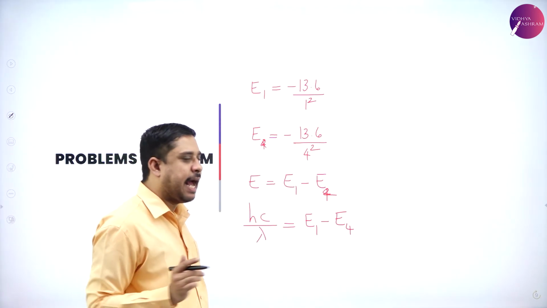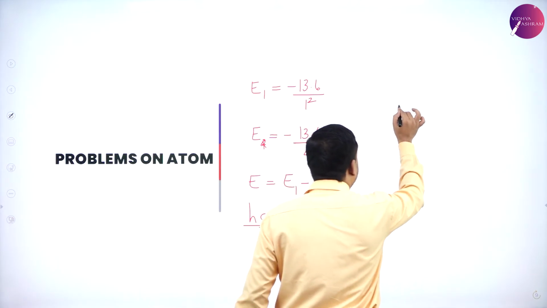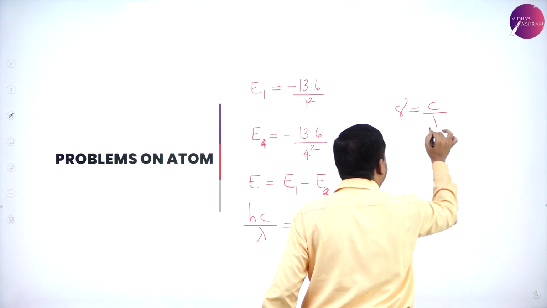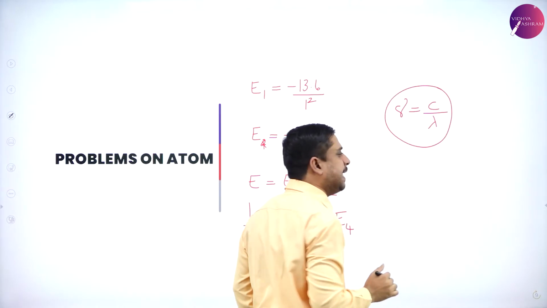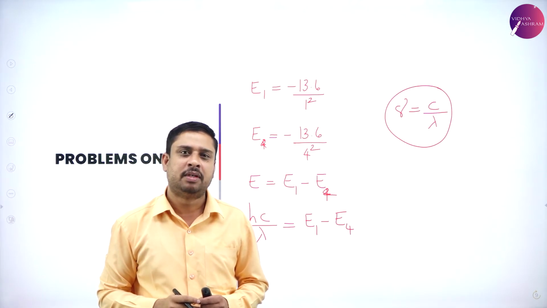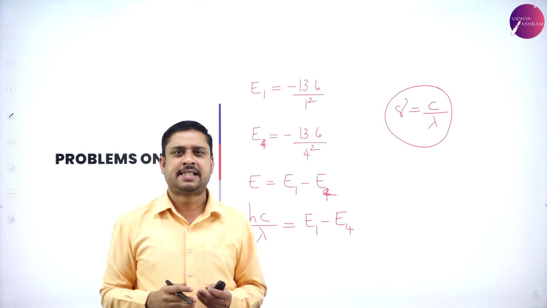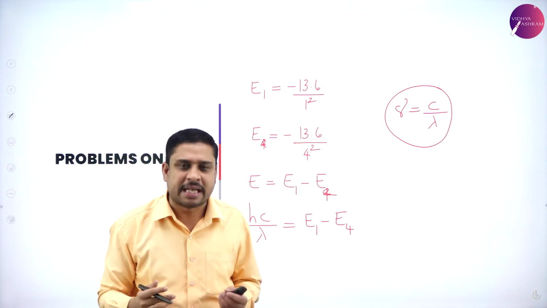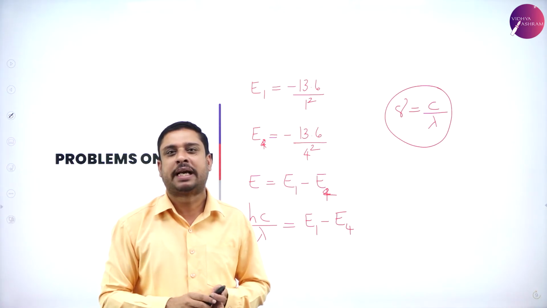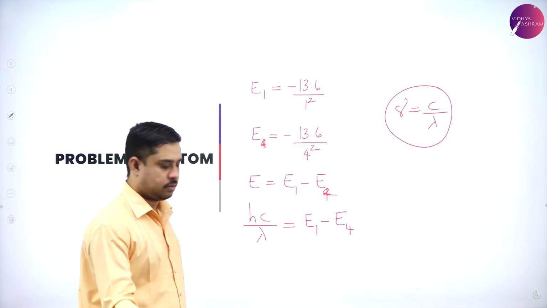Once lambda is calculated, frequency nu is c by lambda, where c is the speed of light in vacuum. Same concepts, same methods. Keep on following the sessions and solutions become easy.